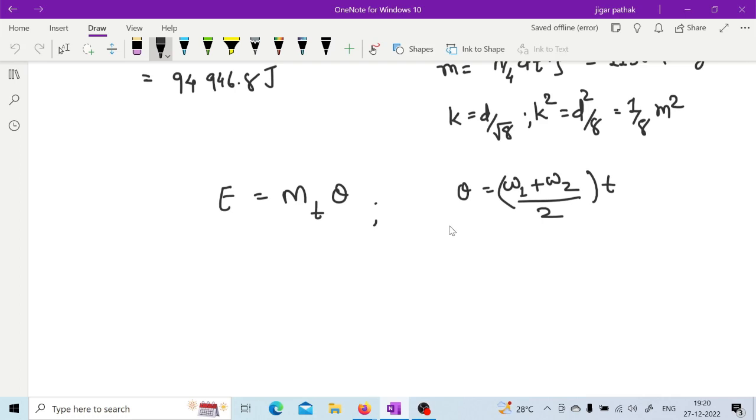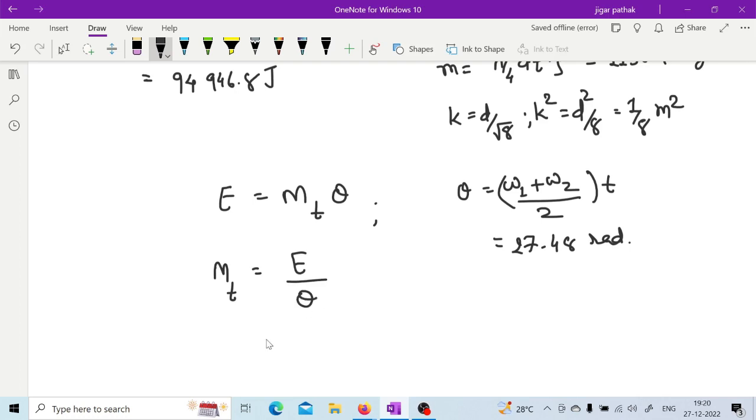If it is provided you can go by that also. So what is theta? 27.48, almost.